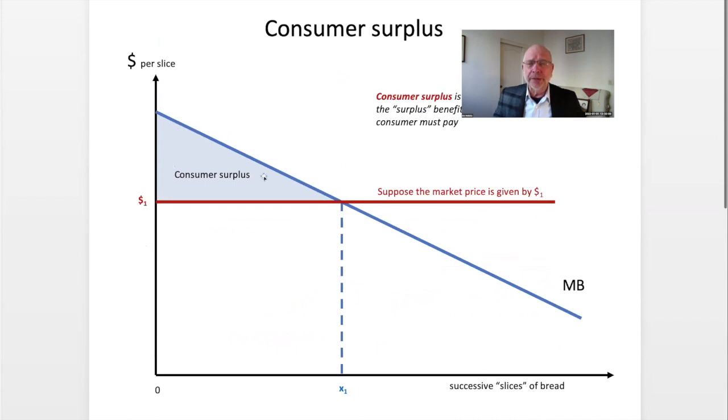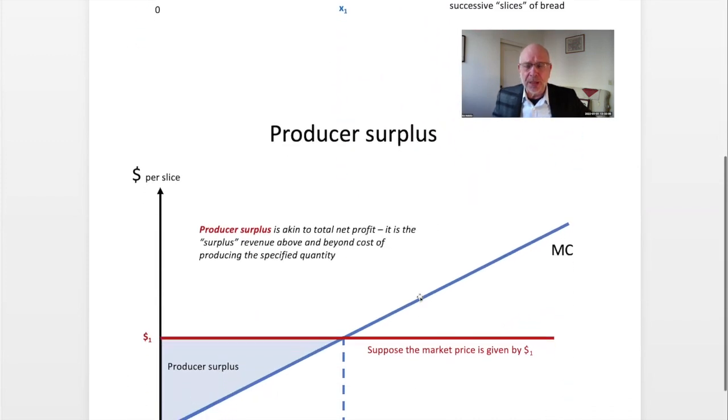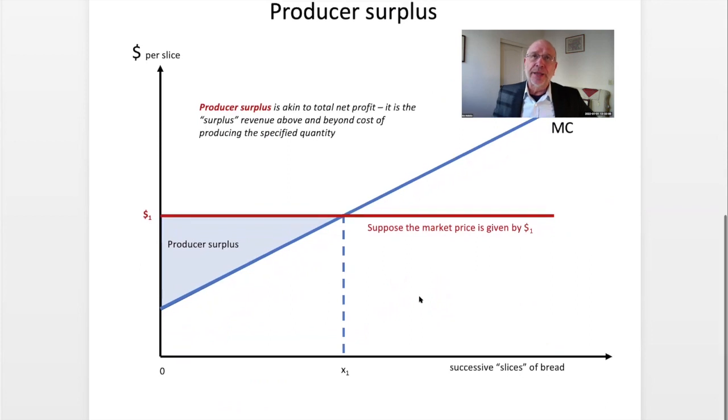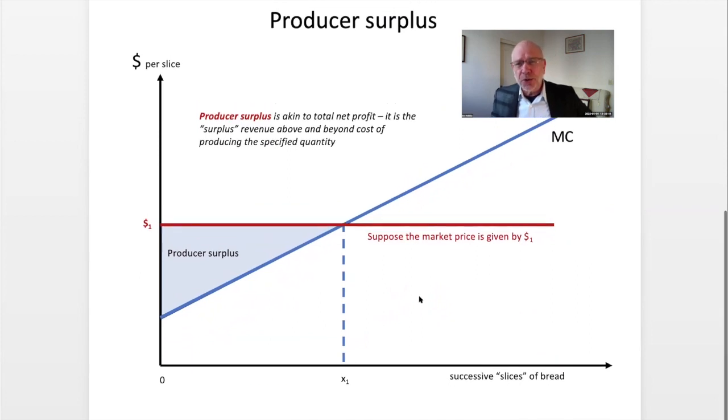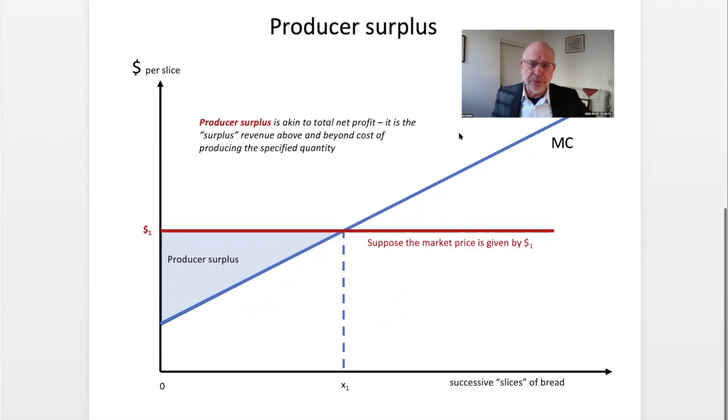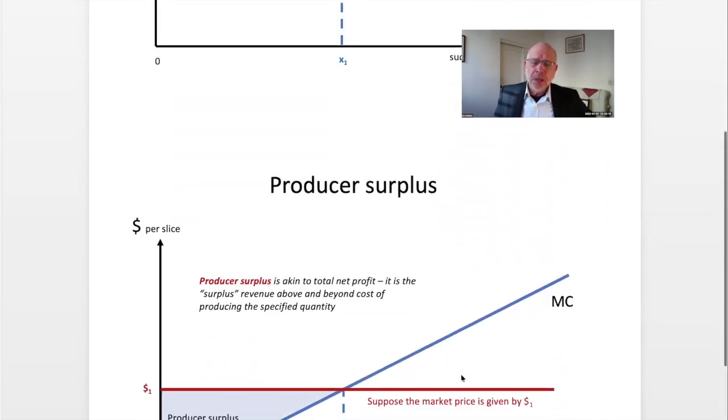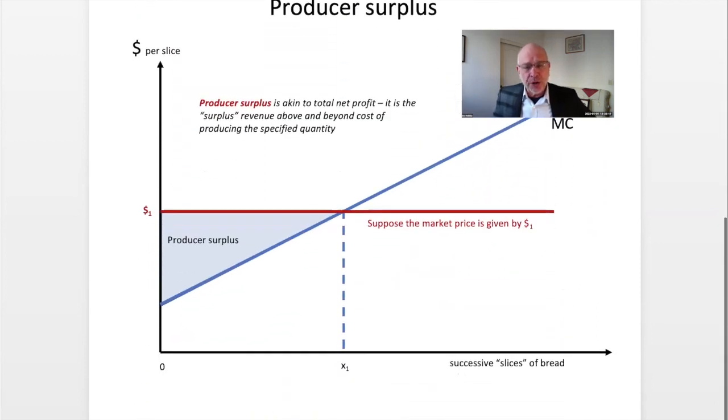We'll talk more about that in subsequent presentations, but it's useful to keep in mind that there is a very, very close correspondence between a marginal benefit curve and a demand curve, and likewise between a marginal cost curve and a supply curve. But sometimes they're not the same, and we get into some interesting economic issues when those diverge, as we shall see in later presentations.